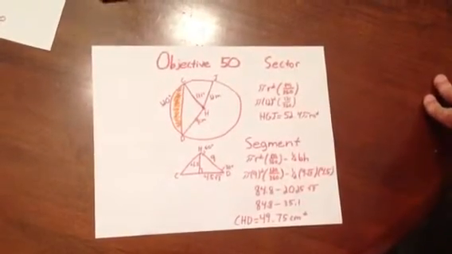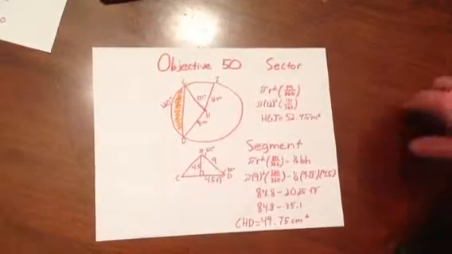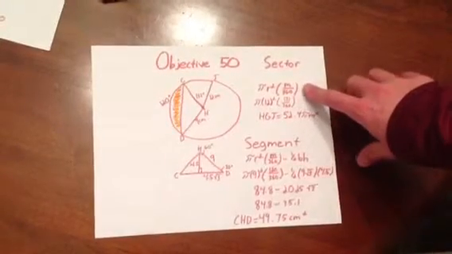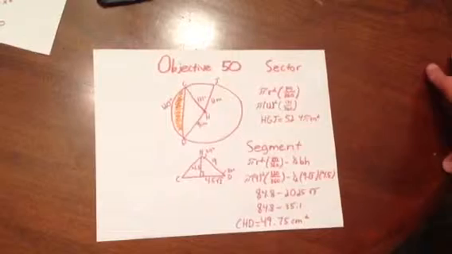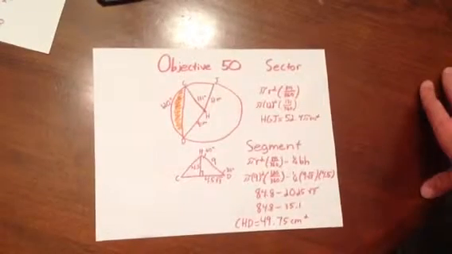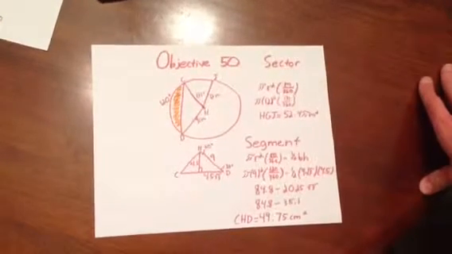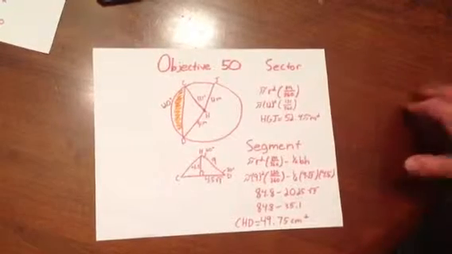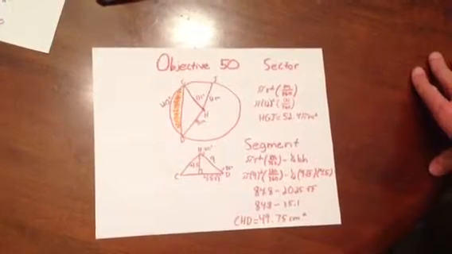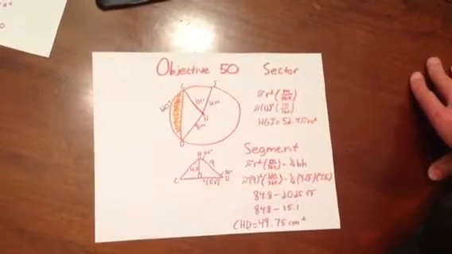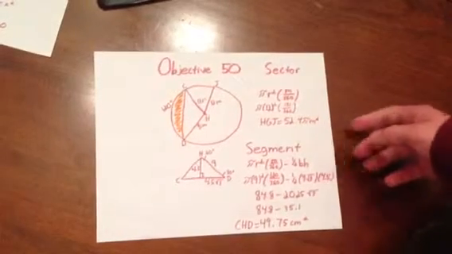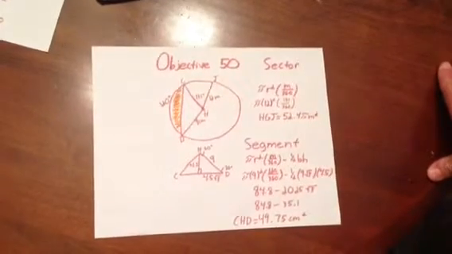So the equation to find the area of a sector is pi r squared times m over 360. So if we just plug those numbers in, you plug in the 12 and the 131, you pretty much end up with 52.4 pi for your area.